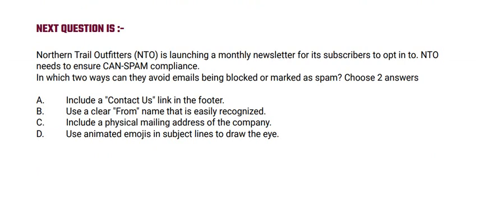And the options are option A, include a contact us link in the footer. Option B, use a clear from name that is easily recognized. Option C, include a physical mailing address of the company. And option D, use animated emojis in subject lines to draw the eye.